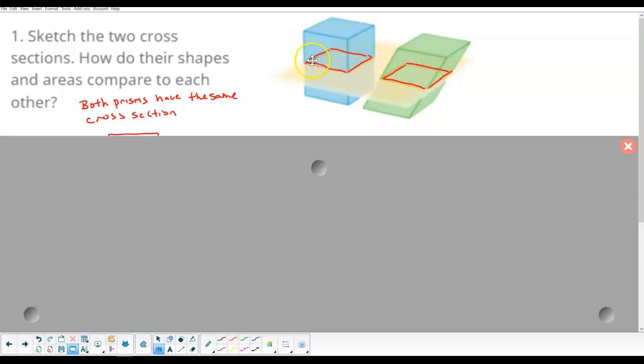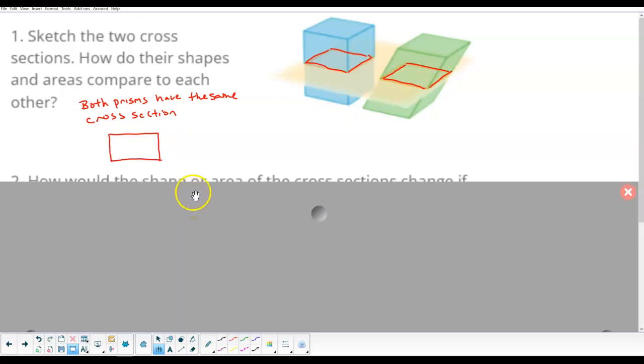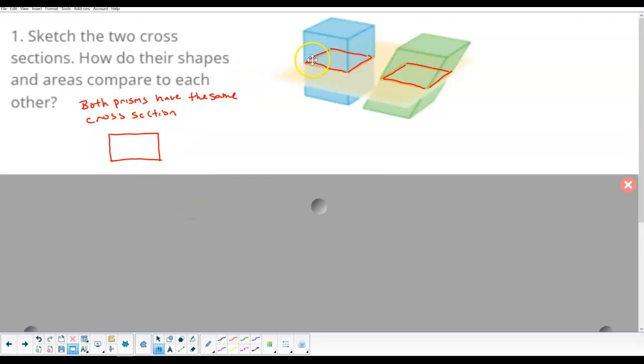The actual shape of the cross section doesn't change if the stacks tilt slightly over. So in this case, both prisms will have the same cross section, which would be a rectangle. It would be the shape of exactly one of those note cards, right? And that'd be true for each one.